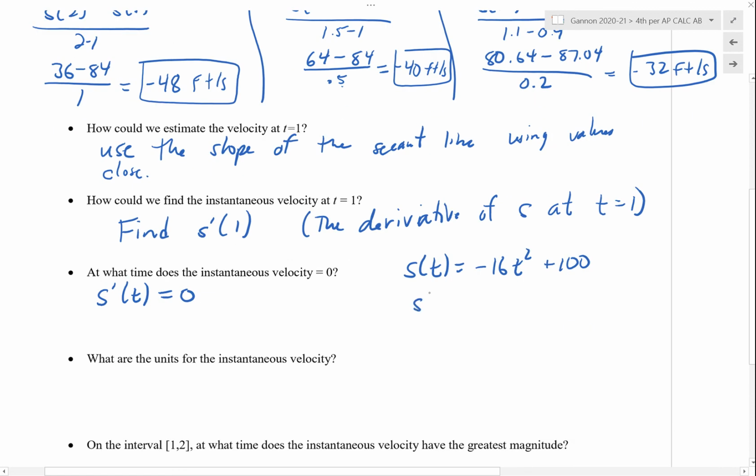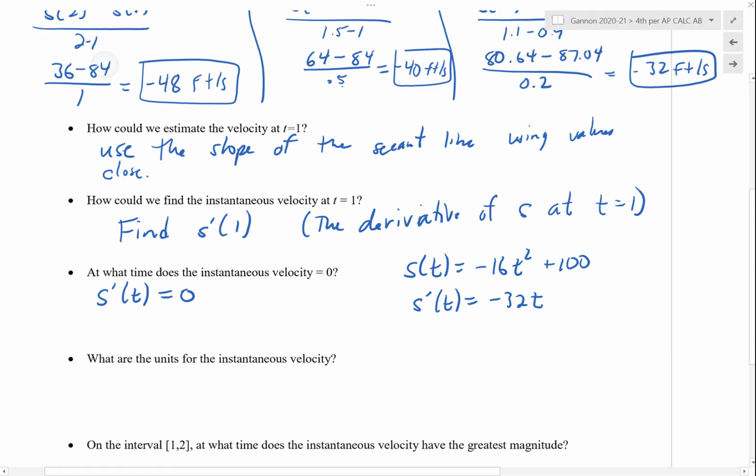If we take the derivative and find s prime of t, we can apply the power rule. We multiply by 2, we get negative 32t, reduce the exponent by 1, so 2 becomes 1, and then the derivative of the constant 100 is 0. So our derivative is negative 32t.